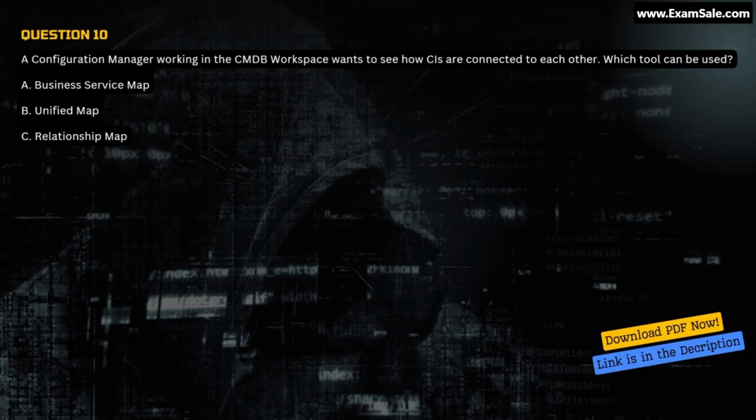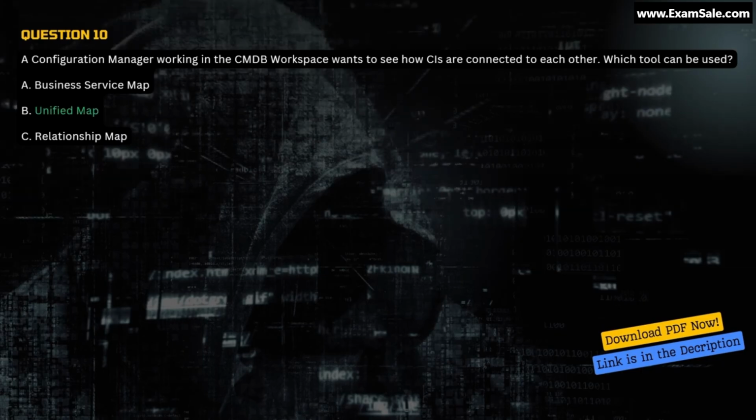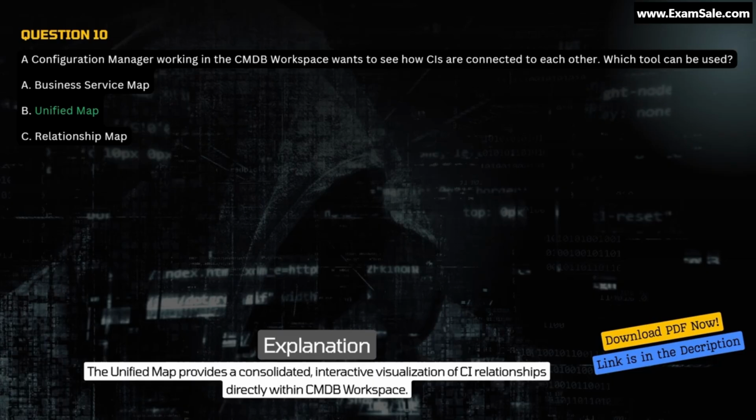Which tool can be used? A. Business Service Map. B. Unified Map. C. Relationship Map. Correct answer B. Unified Map. Explanation. The Unified Map provides a consolidated, interactive visualization of CI relationships directly within CMDB workspace.